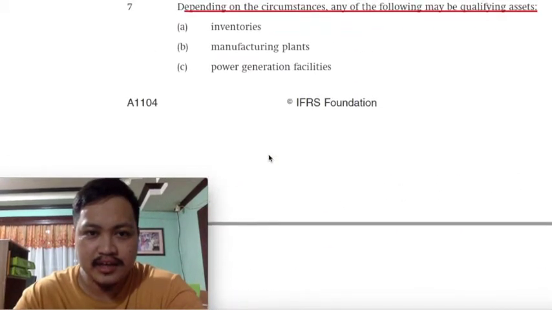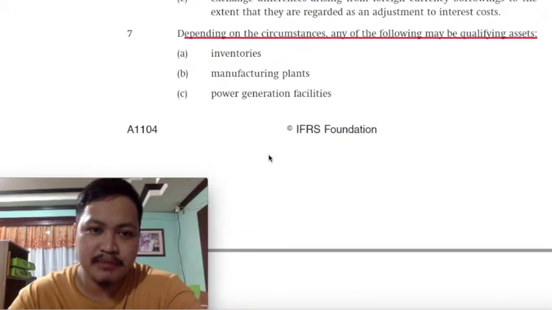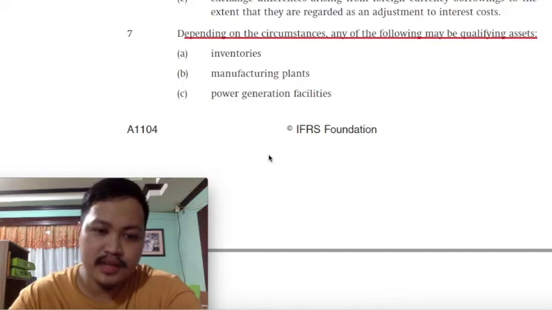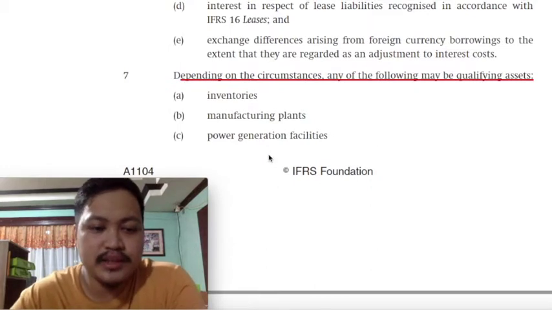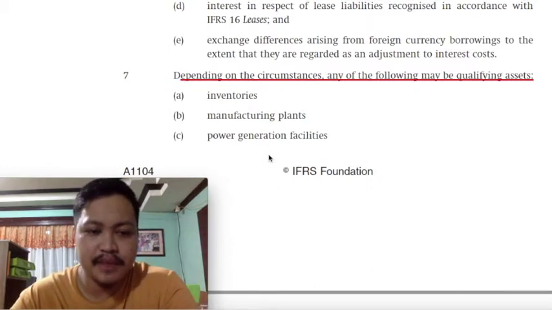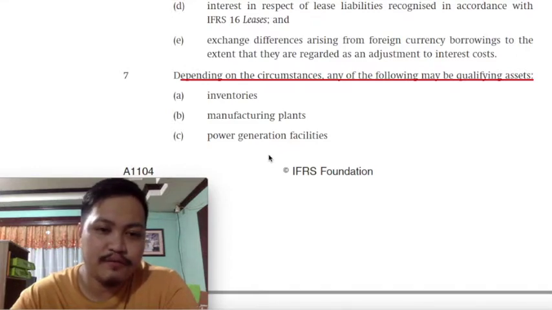You'll recall, class, some students may just remember paragraph 7 and they would say, paragraph 7 states that an inventory may be a qualifying asset. But the student forgot that if it's an inventory that is produced in large quantities and on a repetitive basis, such kind of inventory is excluded from the application of PAS 23.